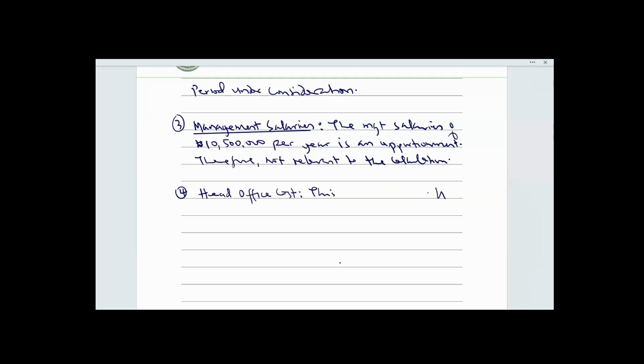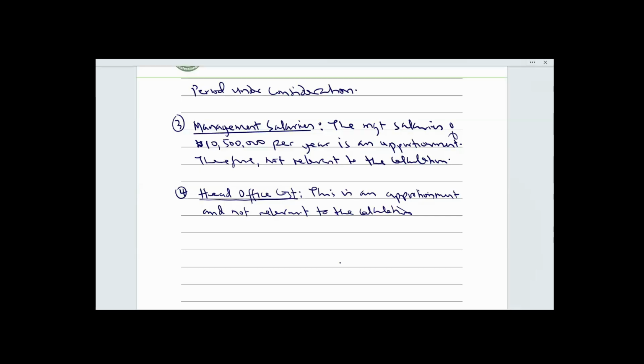This is an apportionment and not relevant to the calculation. Okay.